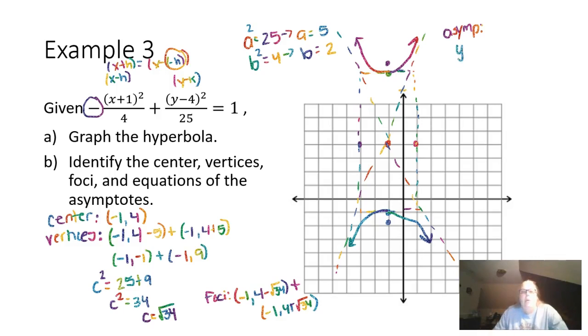So we'll have y minus 4 equal to plus or minus, we said a was 5, b was 2, times x minus h, which is going to be x plus 1. And so here are the asymptotes.